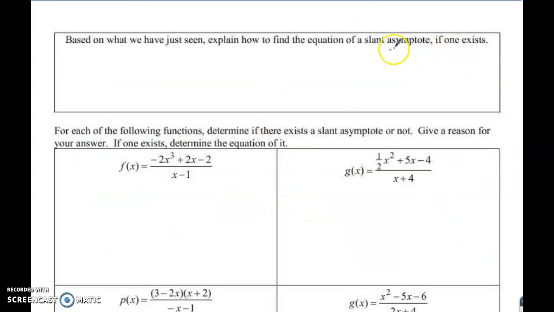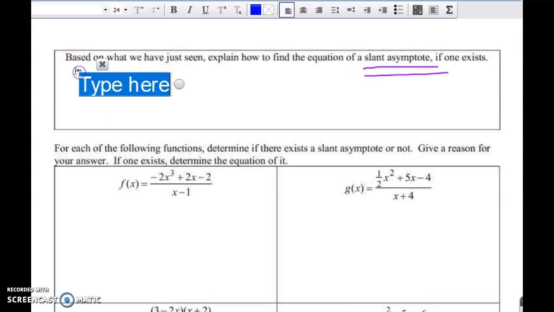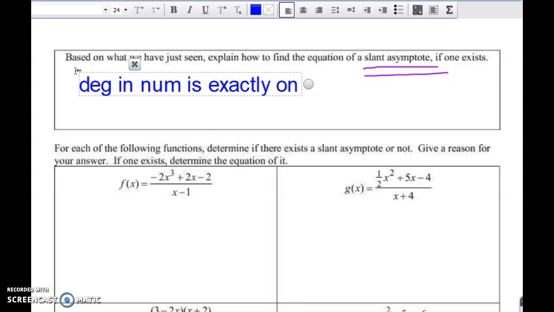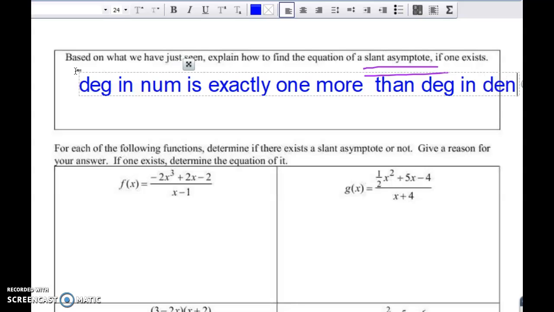And so your slant asymptote: the degree in the numerator is exactly 1 more than the degree in the denominator.